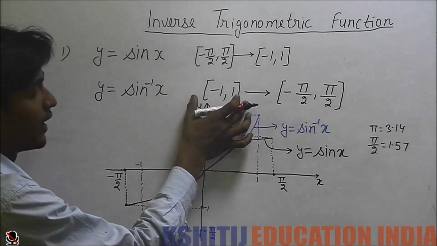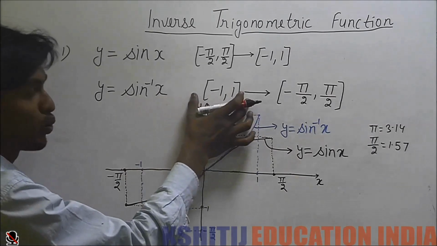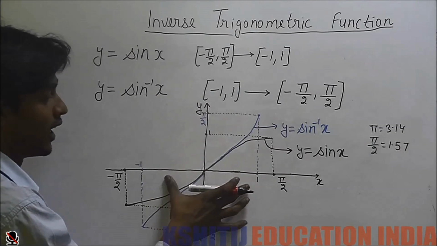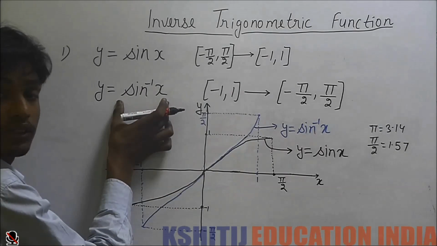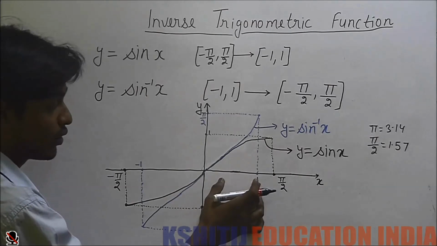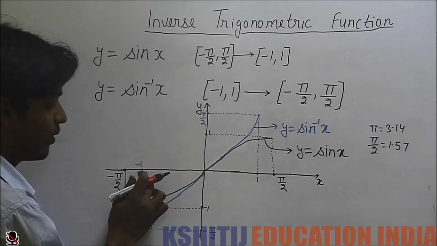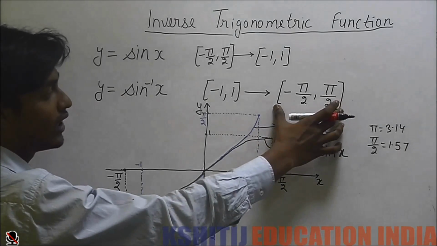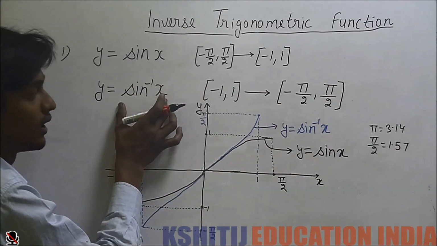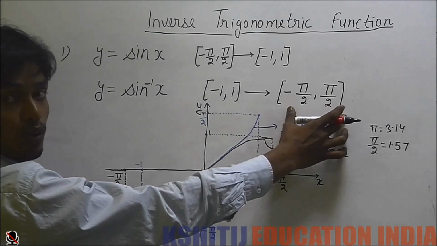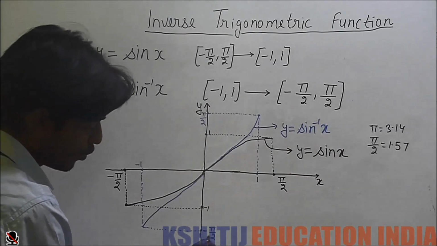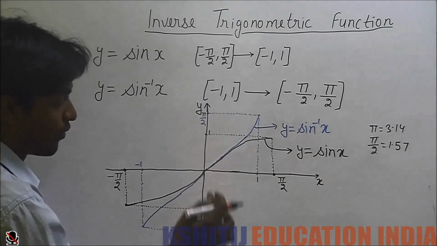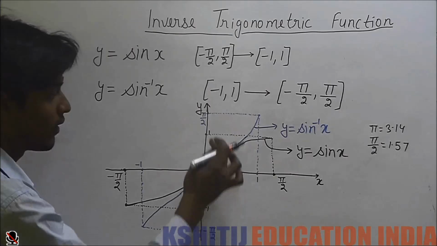But in the case of sin inverse x, minus 1 to 1 is the domain of the function, so we put values of x between minus 1 and 1. Now move on to the range of sin inverse x, which is minus pi by 2 to pi by 2. We plot the values minus pi by 2 and pi by 2, which are greater in magnitude than minus 1 and 1.